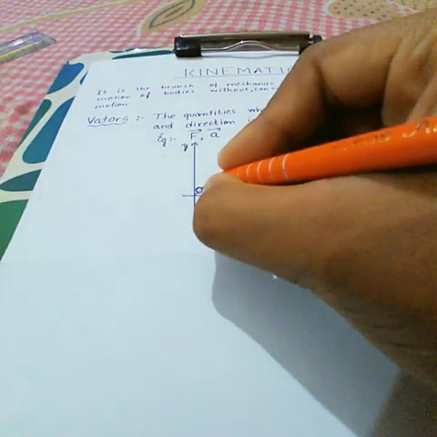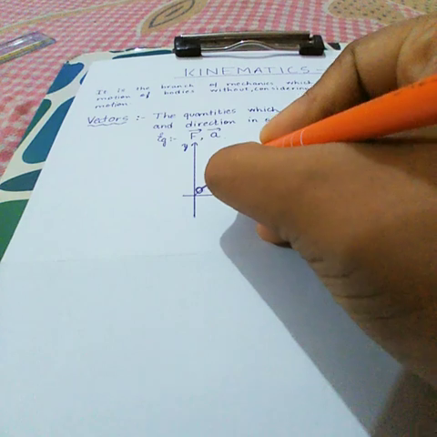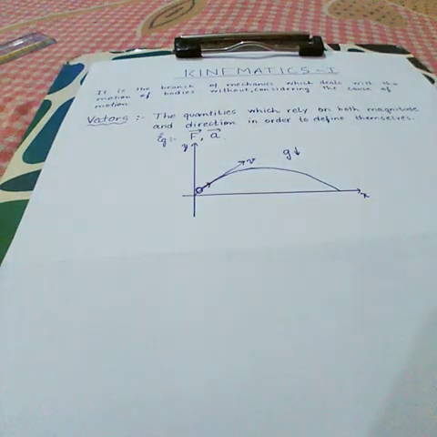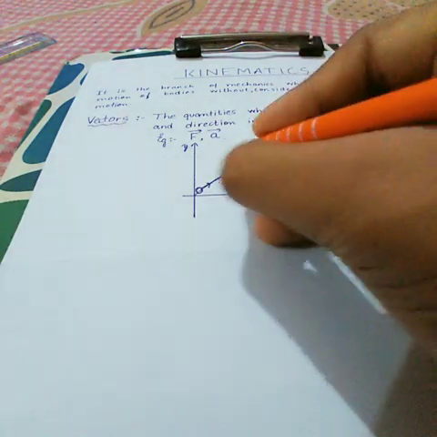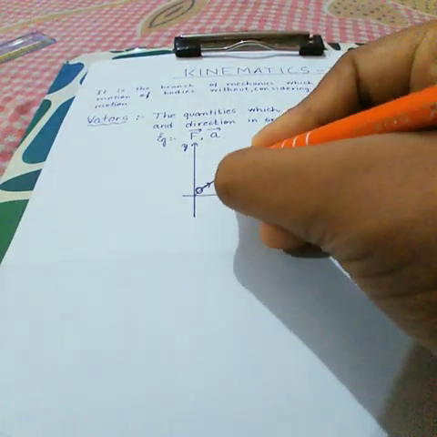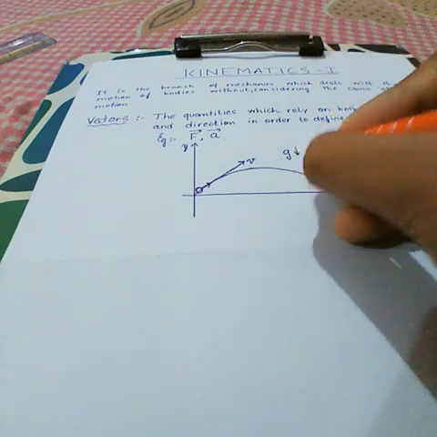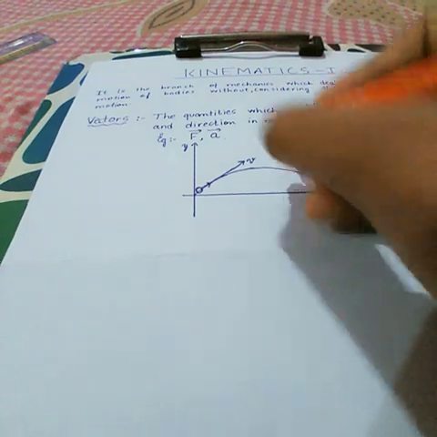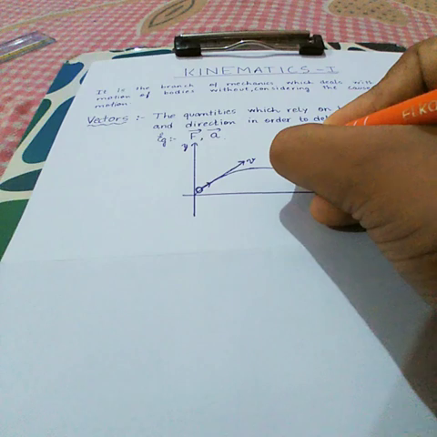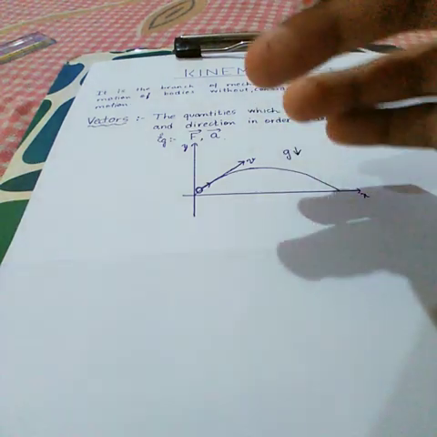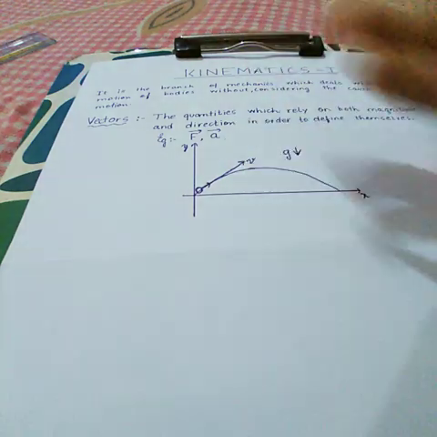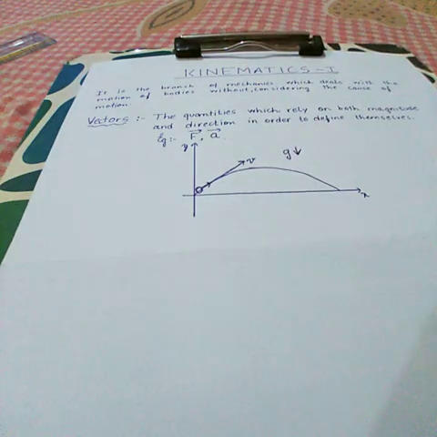So here this arrowhead defines the velocity of the projectile, and as you can see in this example, this arrowhead defines the direction of the vector and the acceleration g. You can see it's defined by this arrowhead because its direction is downwards. It influences everything which comes under it.